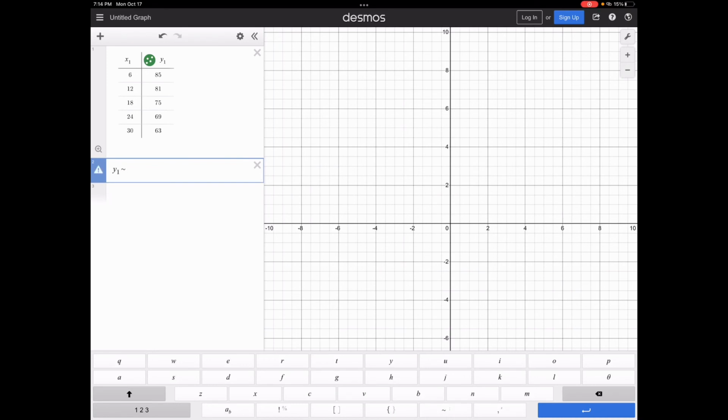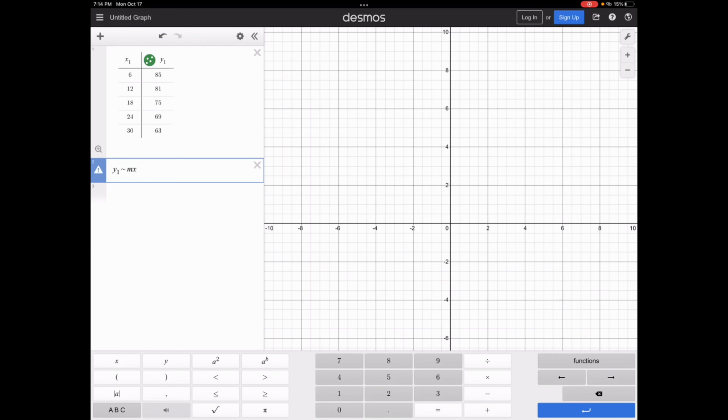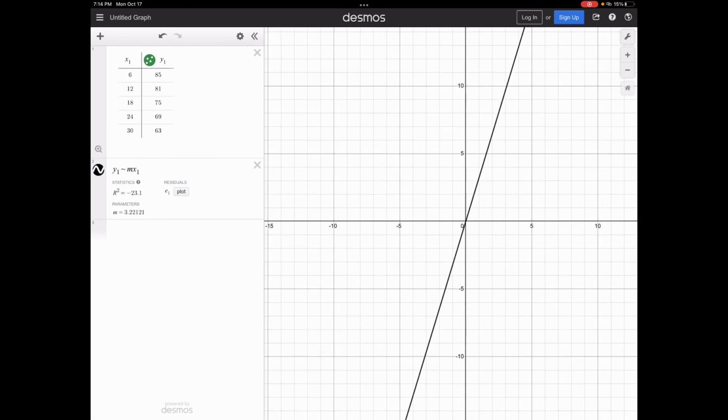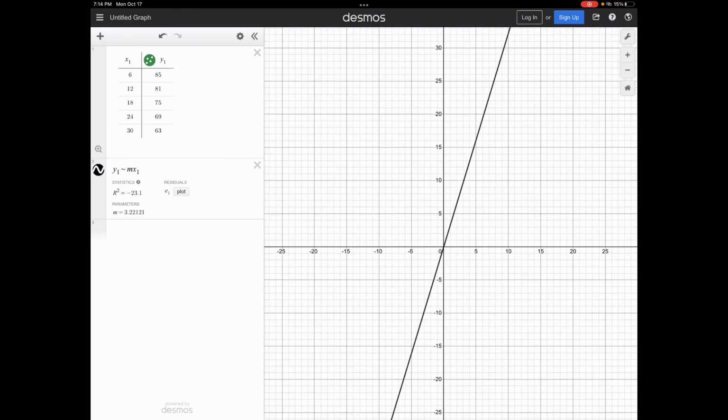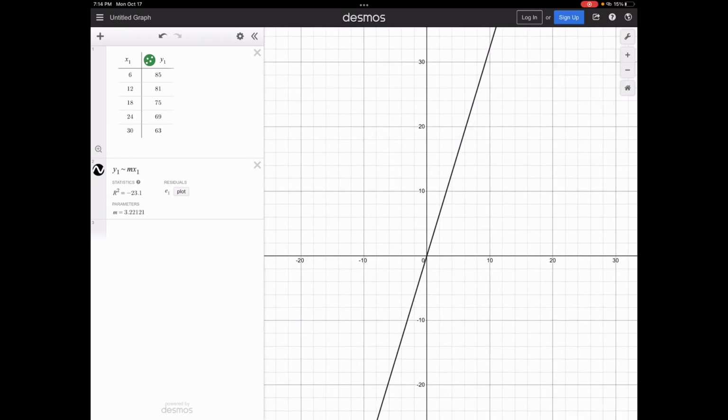There it is. It's that little tilde, and if you're doing it on the computer, it's the upper left on your keyboard, the approximation. And we want it to be close to m for slope, and then x1. And that gives us a line through these data points.